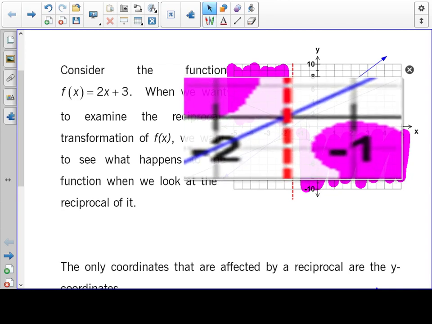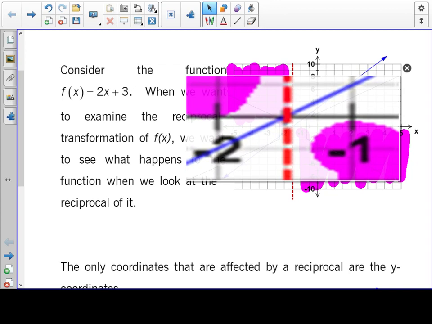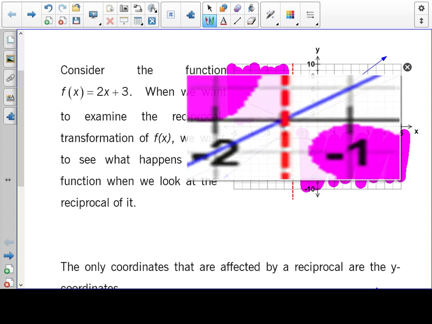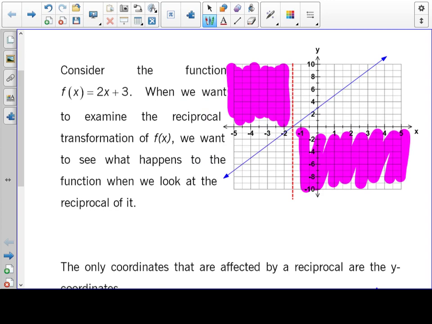When you look at values just above the x-axis, like 0.1, 0.05, and so on, when you go 1 over that, you get a big number. And as the line gets bigger, the reciprocal will get smaller. So if we're going to graph the reciprocal, it's going to start off really big.